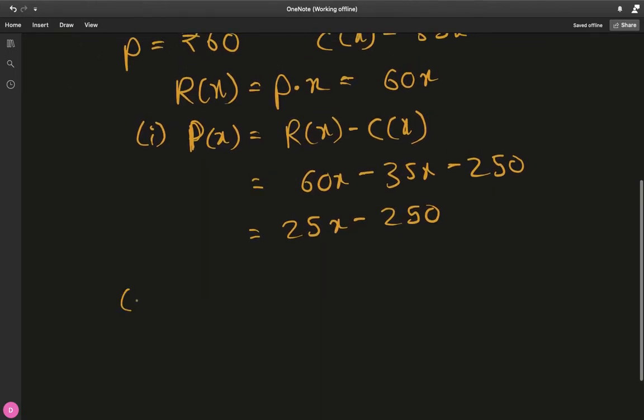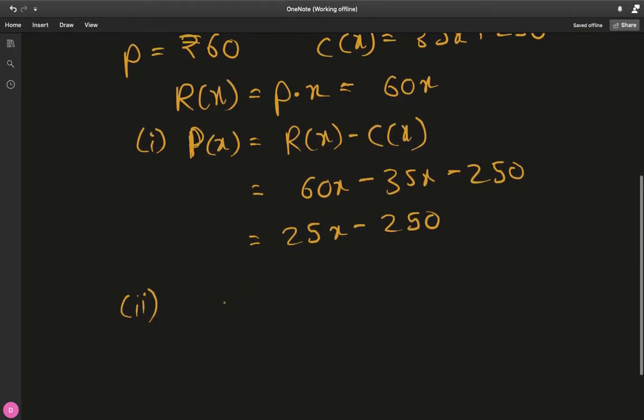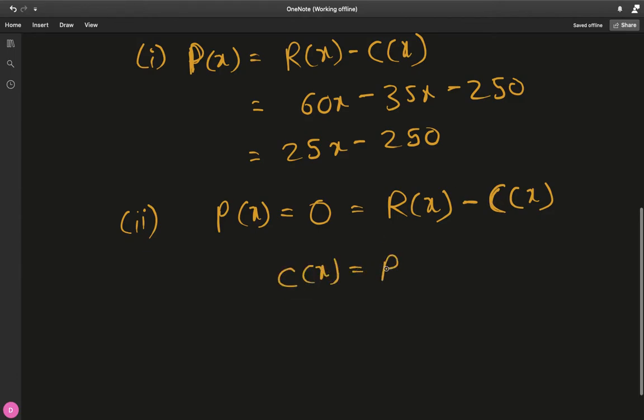Now part 2 is telling us to find the break even points. The break even points occur when the profit function is 0, which means that revenue of x minus the cost function of x is equal to 0. If you take the cost function on that side, we have cost function of x is equal to revenue function of x.